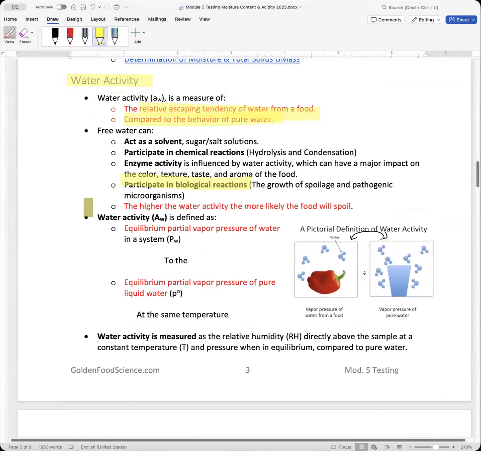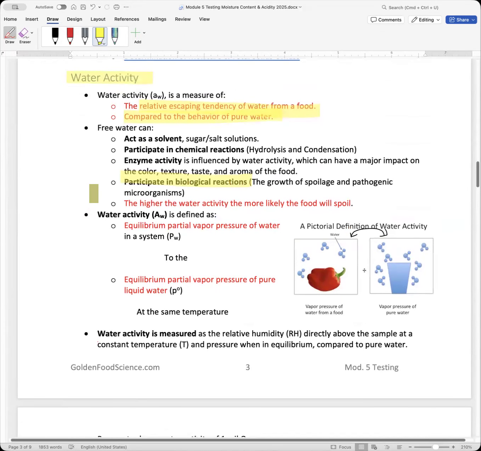Questions about that? Jill, I do have one question for you. In the homework, there was a question that asked equilibrium partial vapor pressure can also be described as, and I read pages 35, 36 up and down, and I didn't find a dead giveaway, and I wasn't sure if there was a phrase or some kind of technical term that could also be described as. I think it's the escaping tendency of water. Okay, cool.